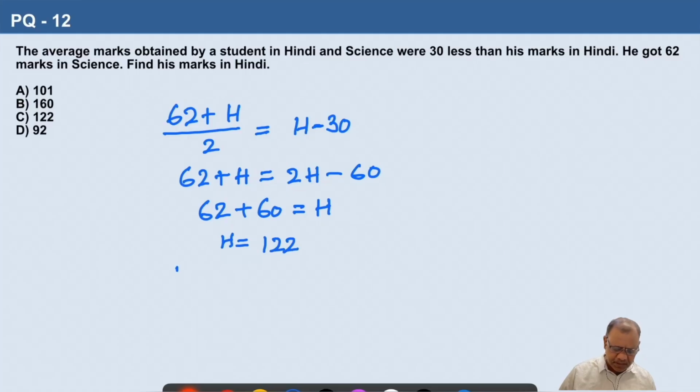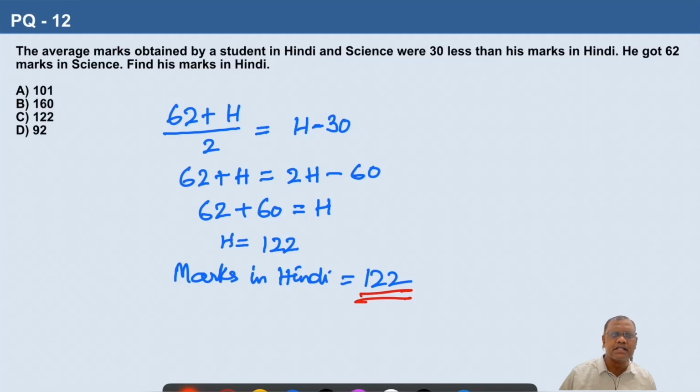This is the marks in Hindi. Marks in Hindi are 122. This is the correct answer. Option C is the right answer.